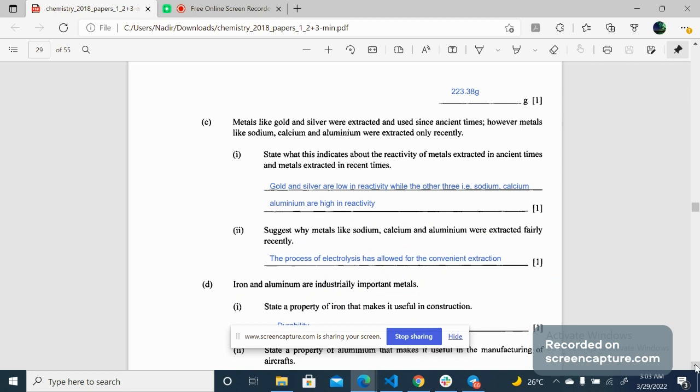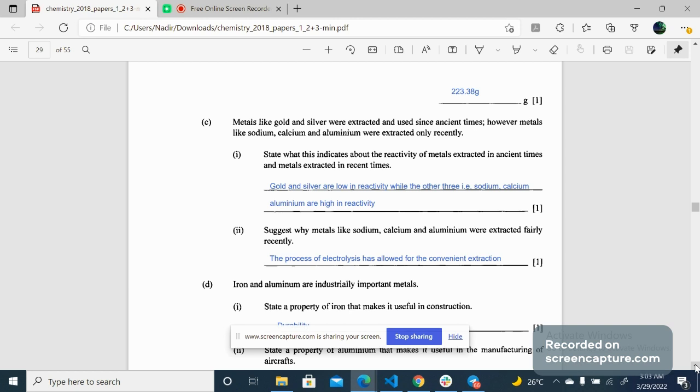This question is asking us about the reactivity of these elements, some of which were extracted in ancient times, and some only recently. They have presented us the names of some of the extracted elements, and we have been asked to indicate the reactivity of these metals.